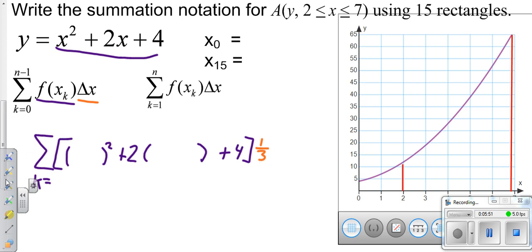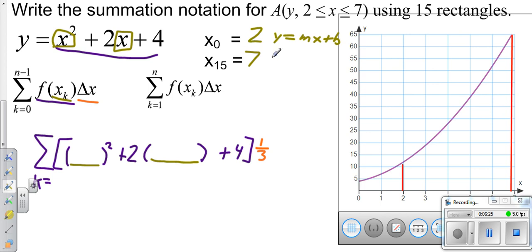Now, instead of putting in an x, we have to replace our x's with that special equation. So we have to replace these right here. So we look at that x sub 0. X sub 0 is always where you begin. X sub the number of rectangles is always where you end. Then you want to go y equals mx plus b.